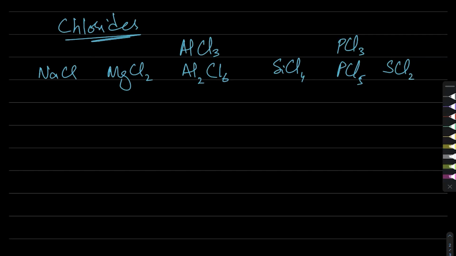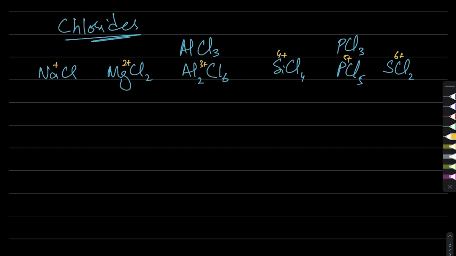In all of these, you can see that chlorine is -1. And if I focus on the ones that are below, sodium is +1, +2, +3, +4, +5, +6. So what this is technically showing me is that chlorine is the most electronegative element in all of them.